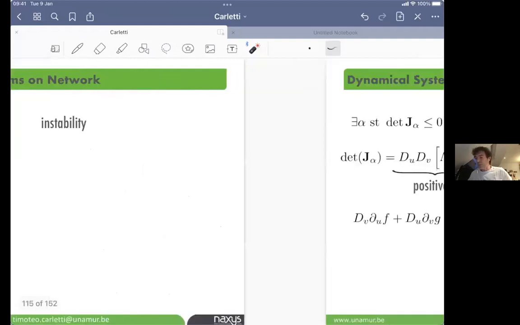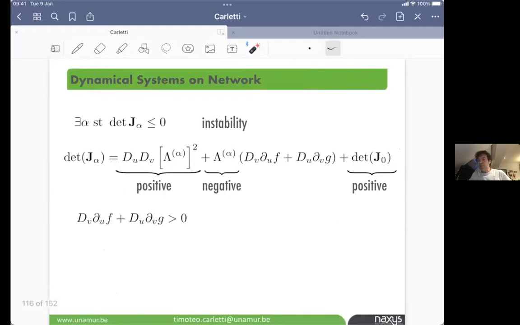It's not so difficult. And then you recognize there is a term in lambda square times DuDv. So this is positive, of course. You have the determinant of G0, which is positive by definition, because we assume that u star, v star were stable. And then you have this part in the middle, but you know that lambda is negative.